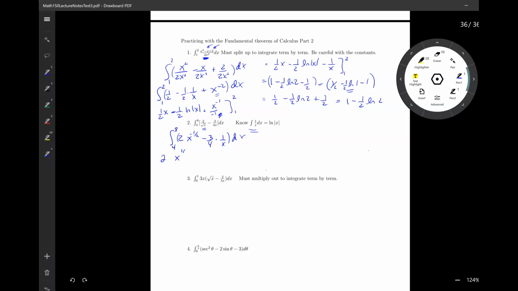So this is x to the 1/2 over 1/2, minus 3/4, and then this gives me ln of the absolute value of x between 4 and 8. All right, so I'm going to bring this 2 up here, so that gives you a 4. And then I'm going to be evaluating at 8, so I get square root of 8 minus 3/4 ln of x. ln of 8.